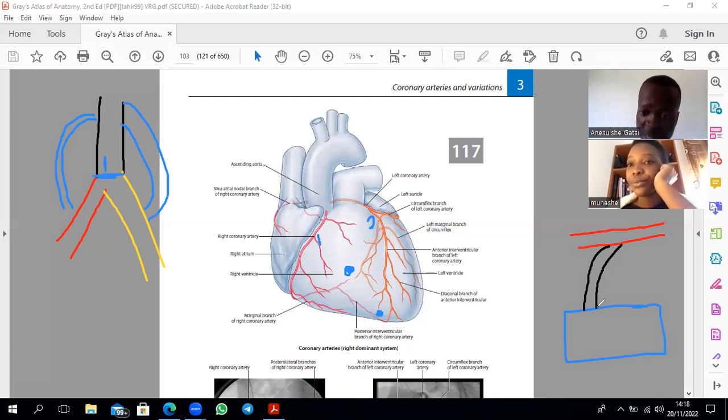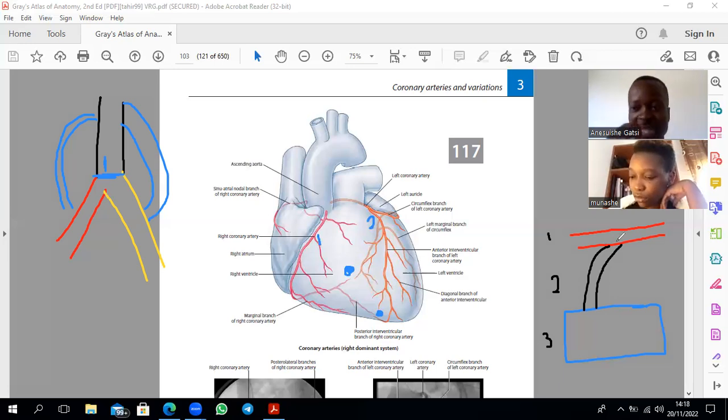Okay. Then there's this diagram that I've drawn here. 1, 2, 3. Number 3 is the organ. Number 1 is a major blood vessel, any major blood vessel. Number 2 here is a branch going to the organ.